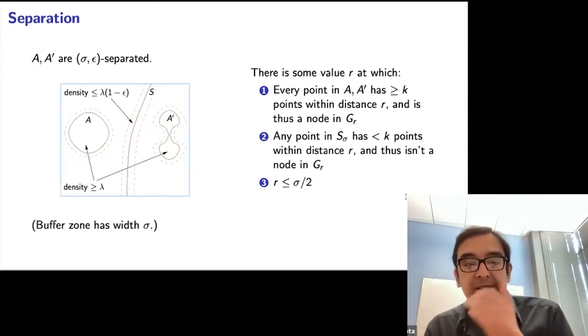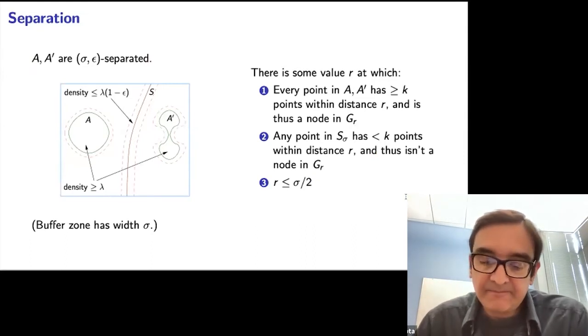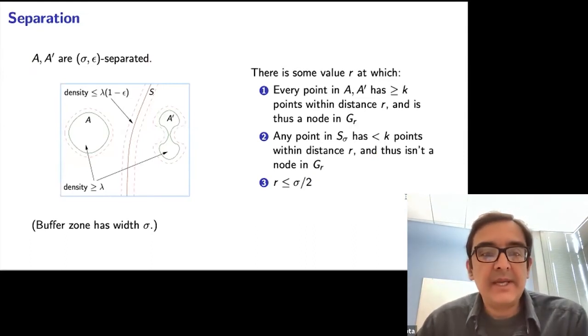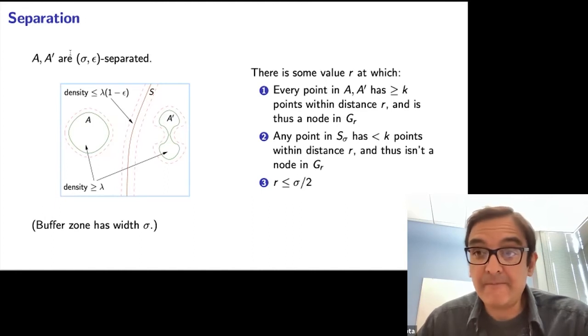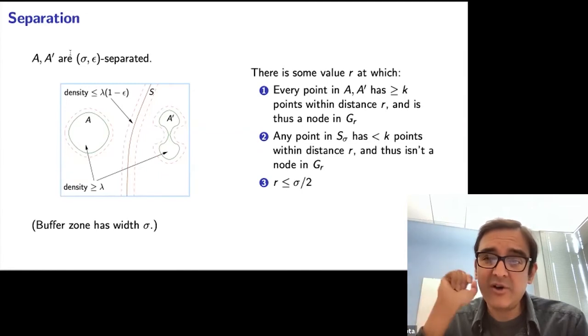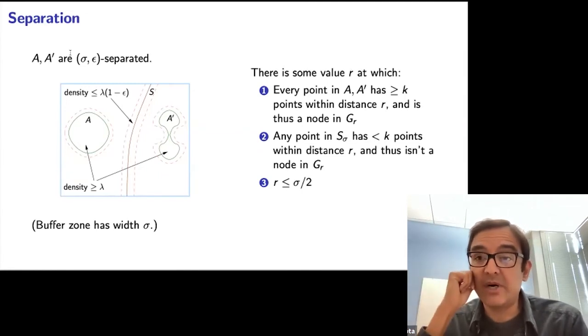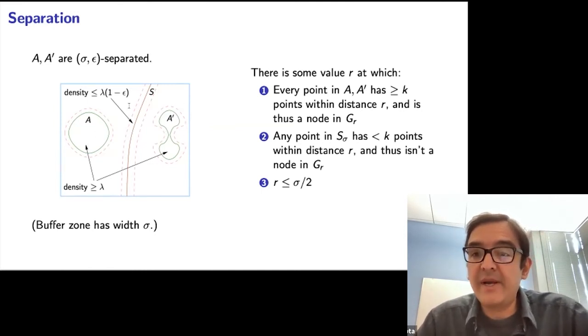The next thing that we have to talk about is separation. So what do we need to show? Let's say that there are two clusters, A and A prime, and let's say that they are sigma epsilon separated. We have to show that there's some point when we're turning the knob at which the graph we get, G sub r, has one connected component containing A and a separate connected component containing A prime.